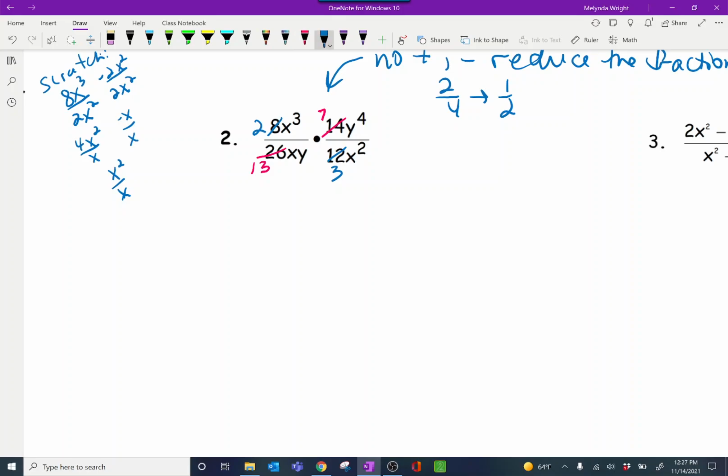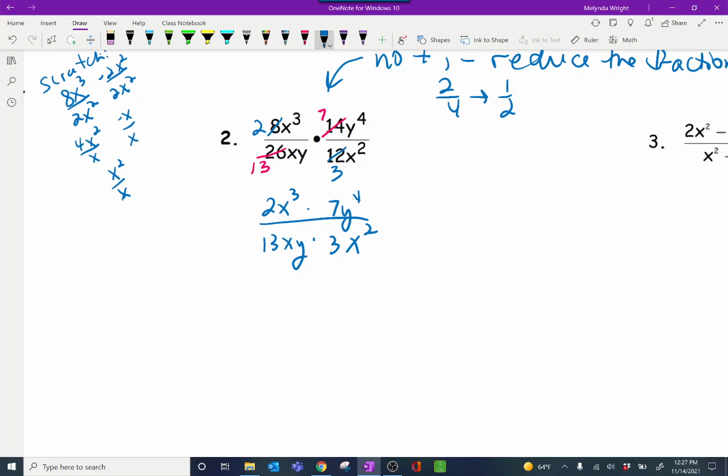So this doesn't get too confusing, I just want to rewrite it. We've reduced the numbers, so we've got 2x cubed times 7y to the 4th all over 13xy times 3x squared. Now let's look at our next scenario.